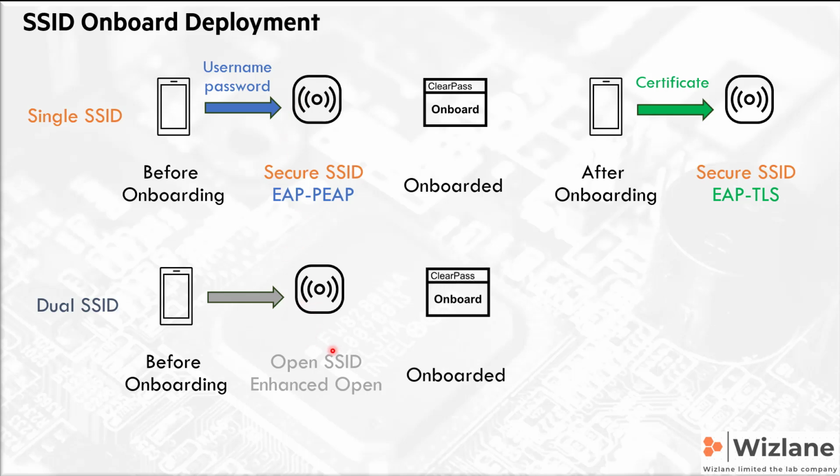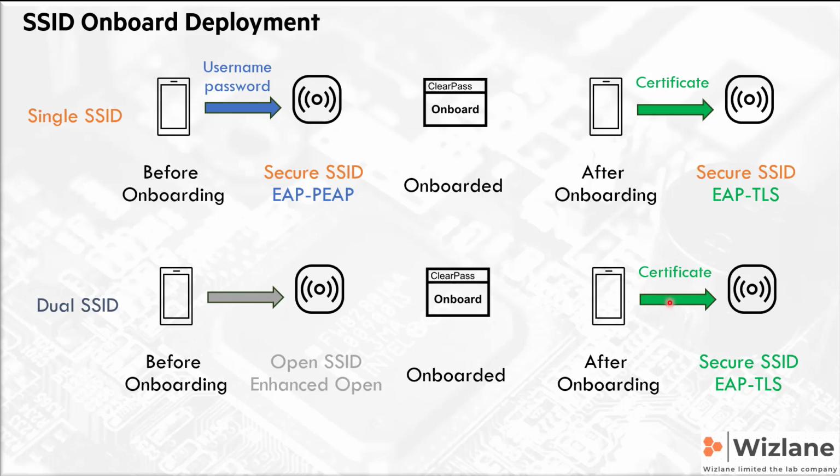So the onboarding process will take place, and then after onboarding, the users will be disconnected, and then they will use EAP-TLS. The end result will be the same. They will connect to that secure SSID eventually, and they will have the installed certificate on their own devices. So when they bring their own devices, they will connect using that certificate.